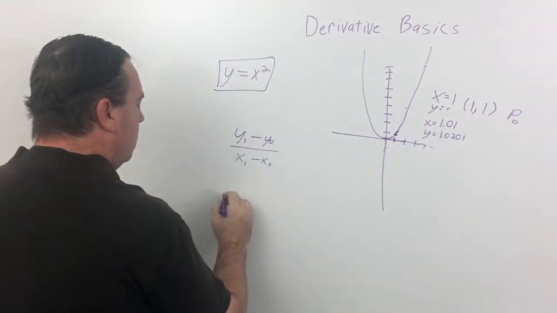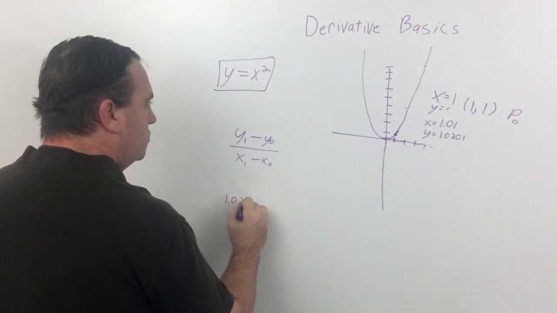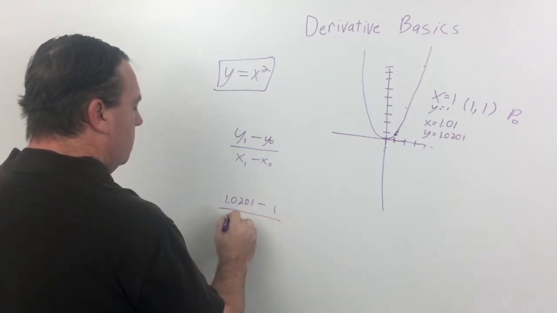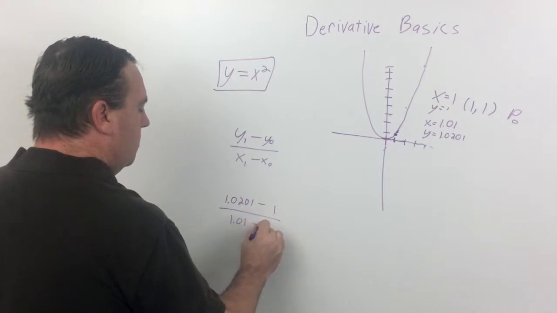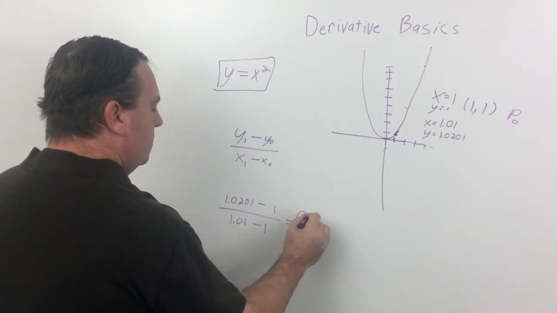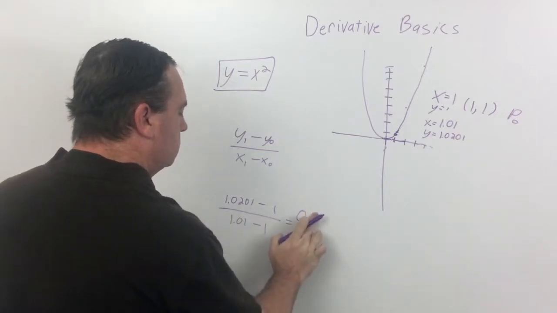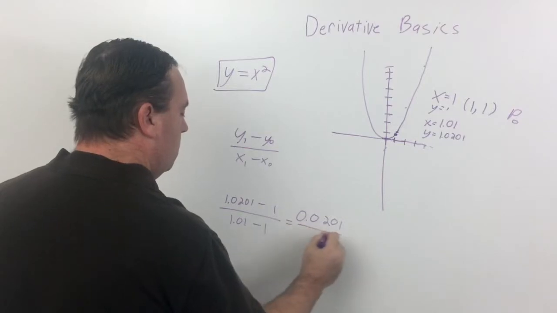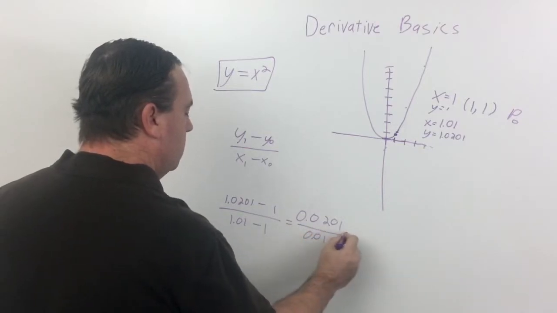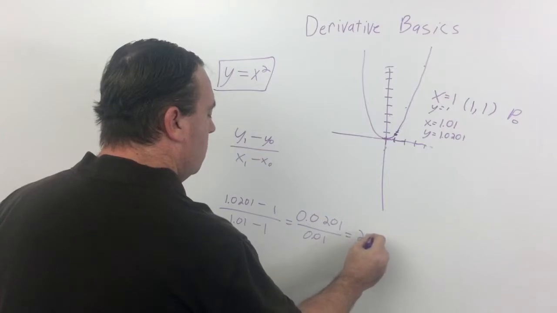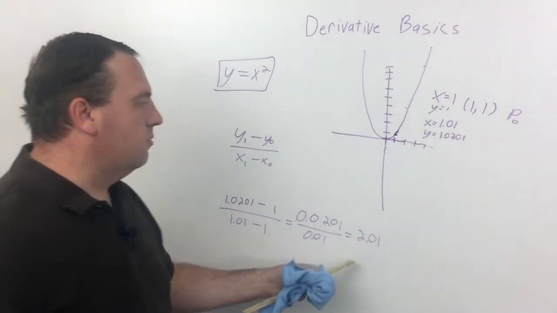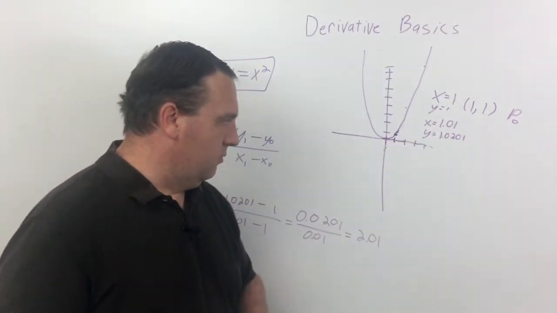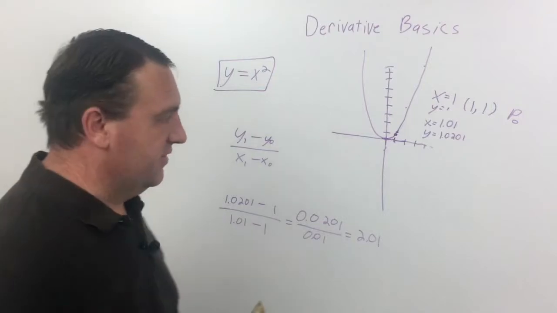Okay. So then we go into this formula again to find the slope between these points. And the slope is 1.0201 minus 1 over 1.01 minus 1, which is 0.0201 over 0.01. That'll give us 2.01. Okay, so this slope is even closer to the true value because we picked an x value that's even closer to our other x value.